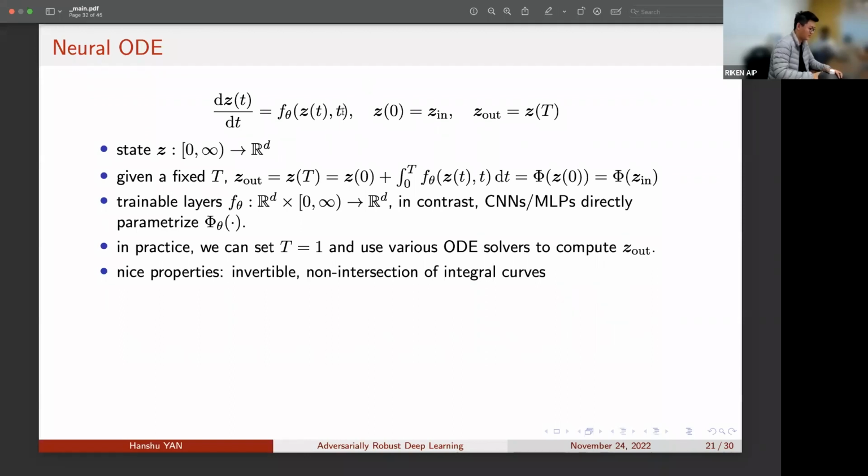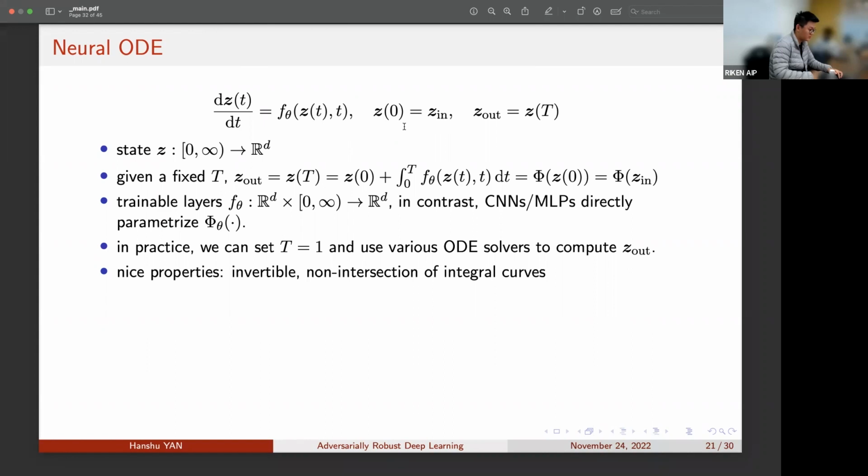Suppose we have an ordinary differential equation, where z is the d-dimensional state, and the derivative, or the dynamics, of z is defined by some function f. Then f takes as input the state z and t. This is classically a time-variant dynamic system.